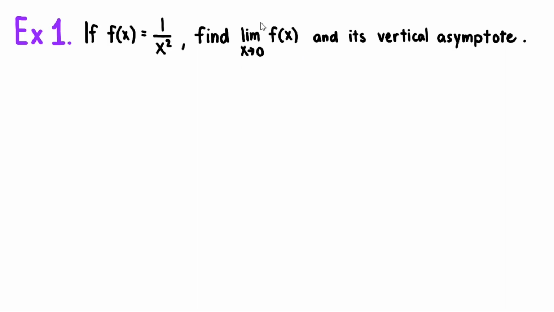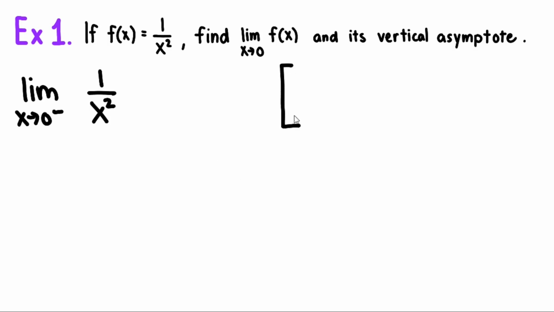To solve this, let's inspect the limit of f of x as x approaches 0 from the left and the right. Let's have the limit as x approaches 0 from the left first of f of x, which is 1 over x squared. If you plug in 0 from the left, we'll have 0 from the left. And take note that the values from the left of 0 are values like negative 0.0001.